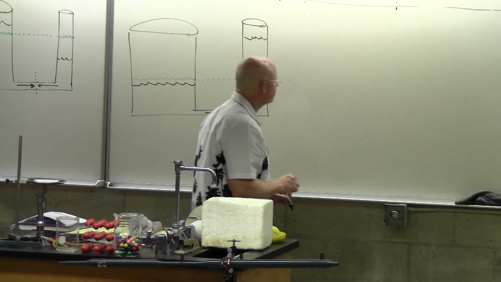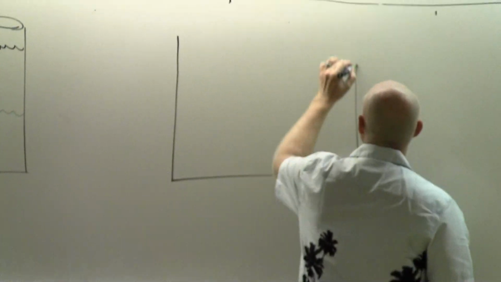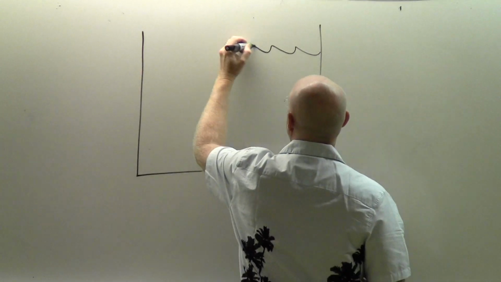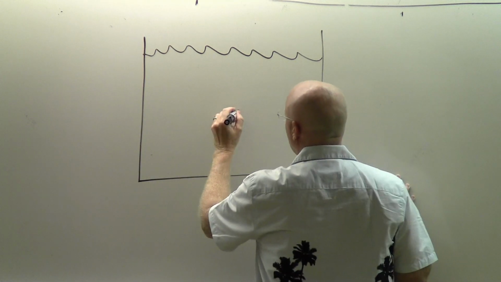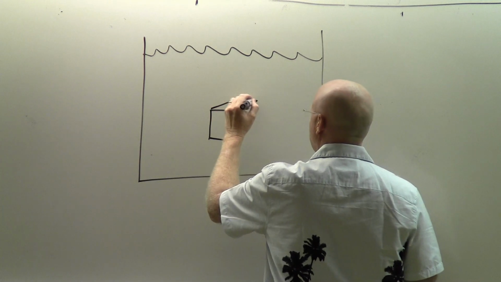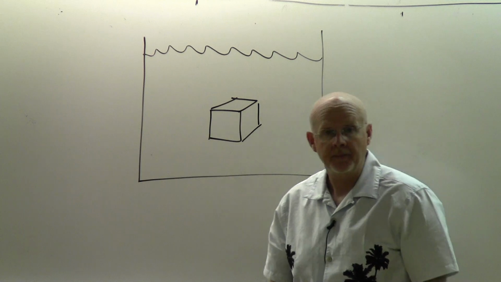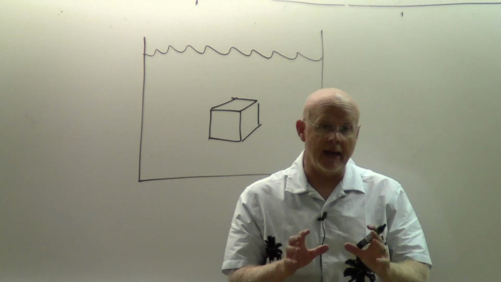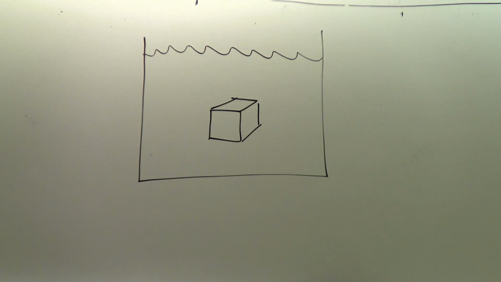Watch this. What would happen then if I take my aquarium and I put an object underwater? Now I'm just going to make a rectangular object or a cubic object.